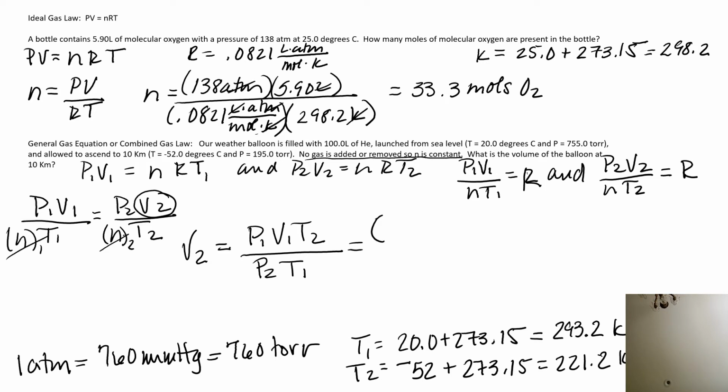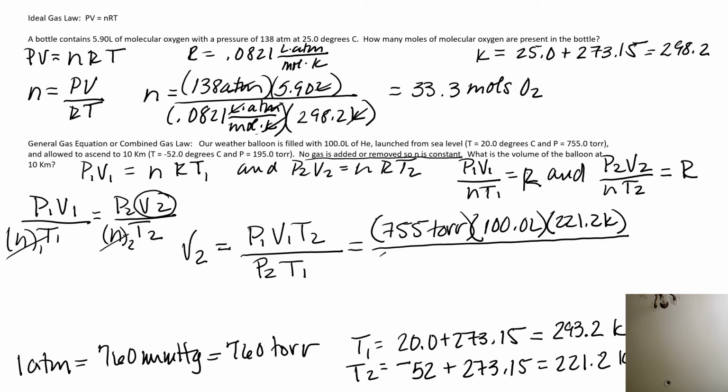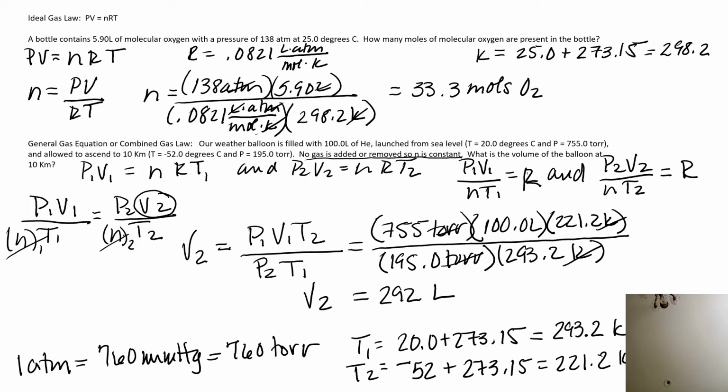So we have 755 torr times our initial volume, which is 100 liters, times T2, 221.2 K, and this is divided by P2, which is 195.0 torr, times 293.2 K. So torrs cancel, kelvins cancel, we're left with liters, our volume unit, and V2, or the final volume, is 292.0 liters.